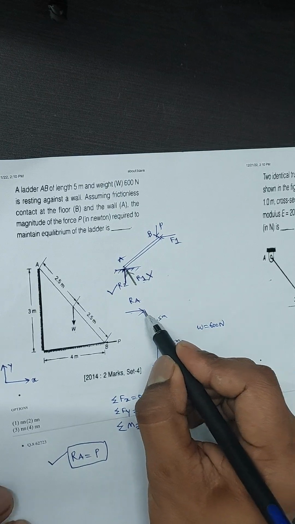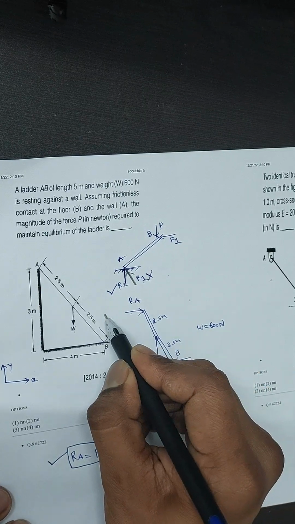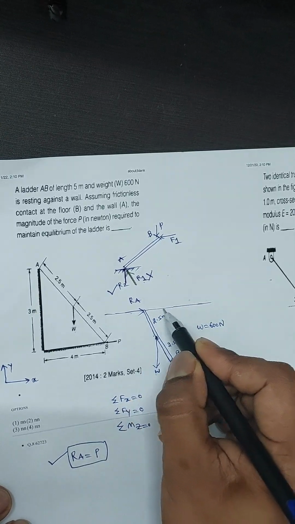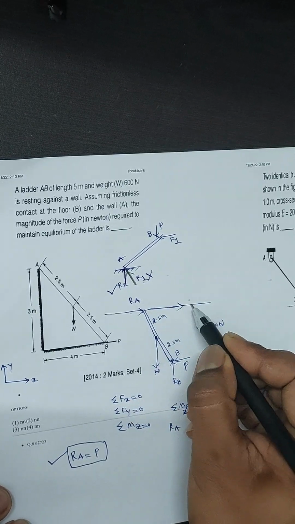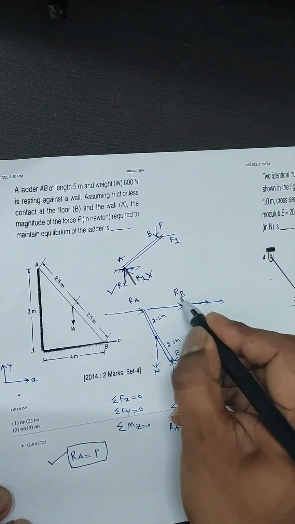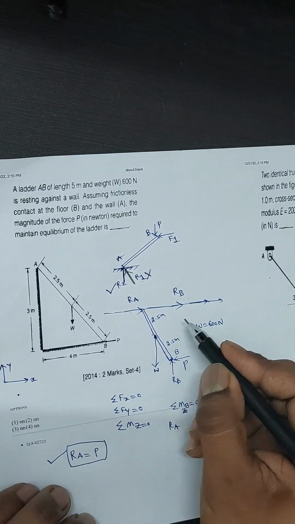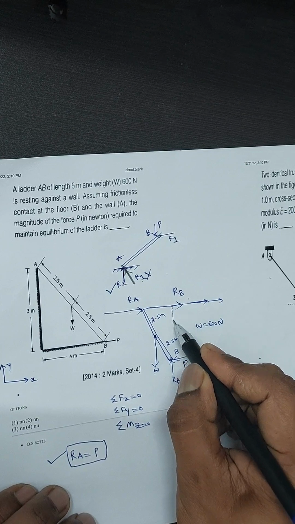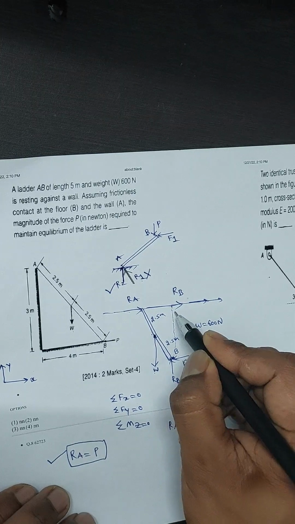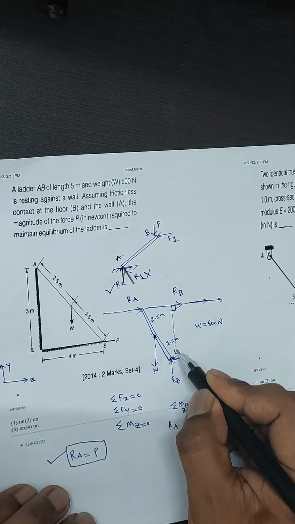As I said earlier, a force can be transferred here, here, here. So I transfer this force here. The moment is nothing but force into perpendicular distance from the point. What is this perpendicular distance?